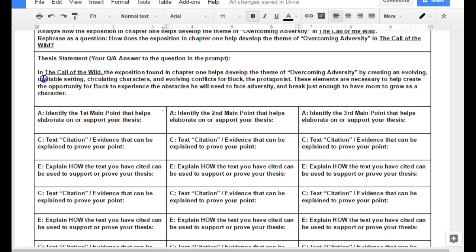So right there, by including that in my thesis, I already have the format that I can then examine for the rest of the entire pre-write and for what would be the rest of the entire essay. So I've got a good start.